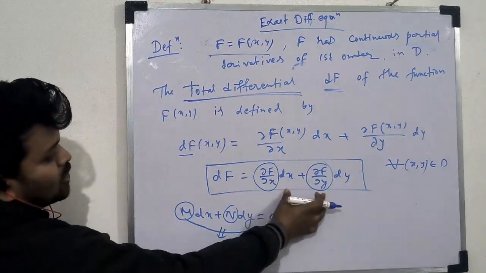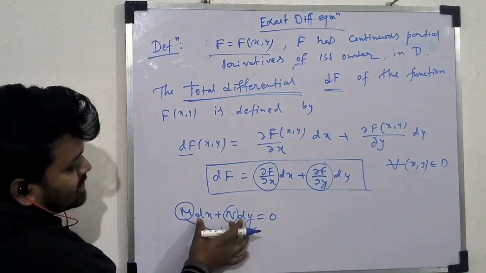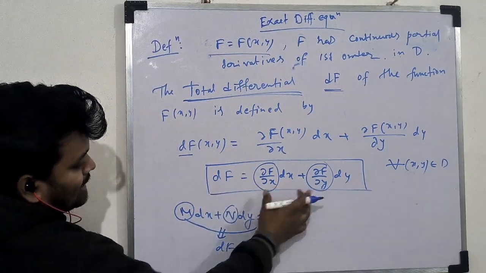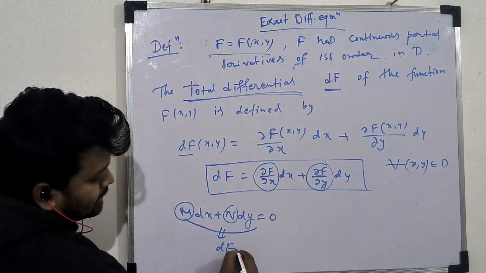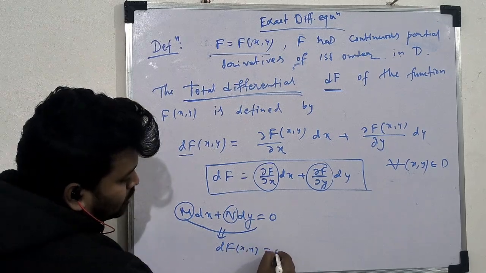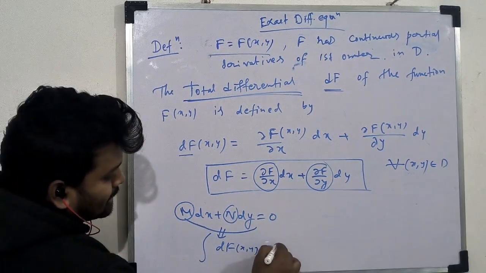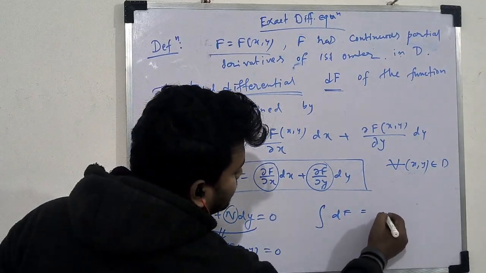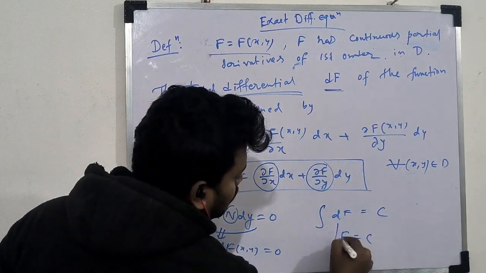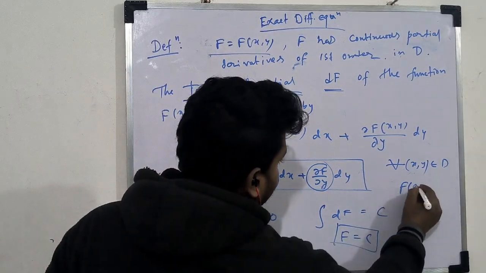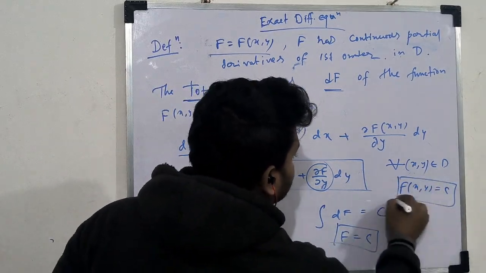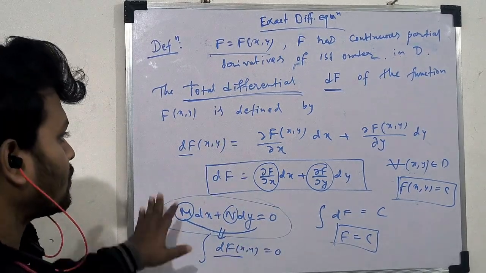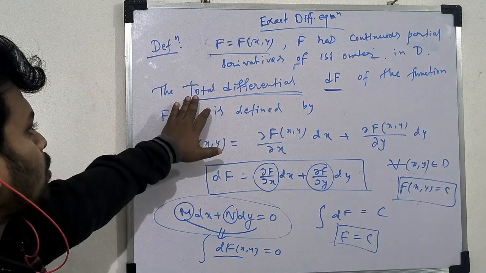And if this becomes a total differential, therefore we can write d of a function equal to 0, and if we integrate both sides, integrating df equal to integration of 0, that is c. So f equal to c, we get the solution. So f(x,y) equal to c will be the solution of this first order differential equation. That is the benefit of total differential.